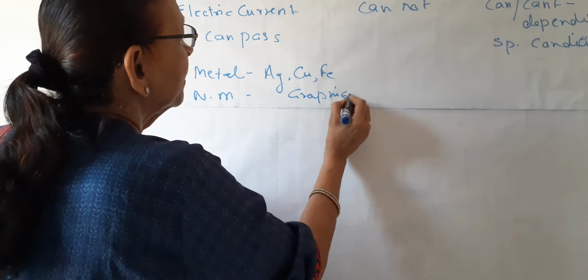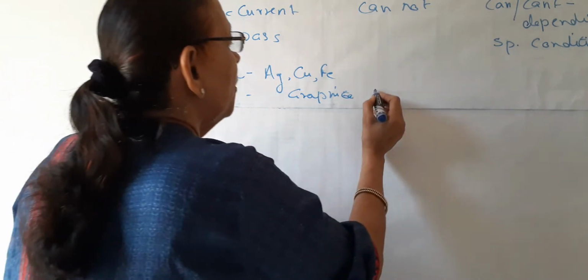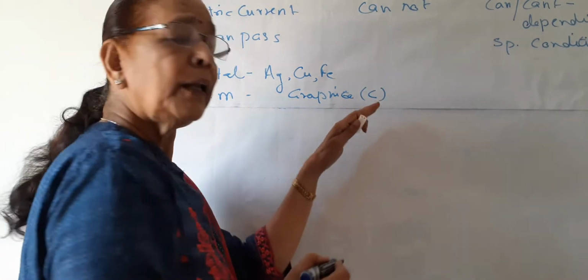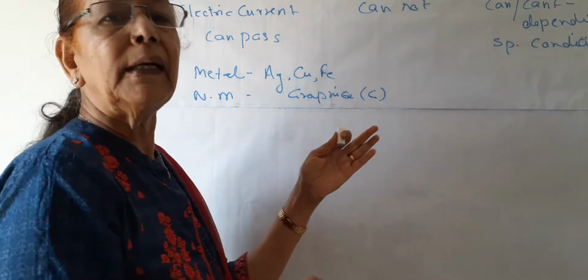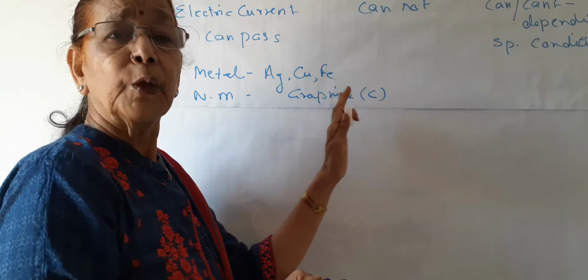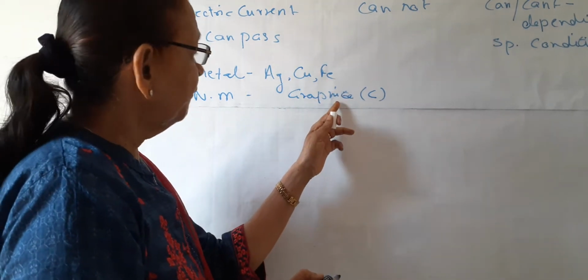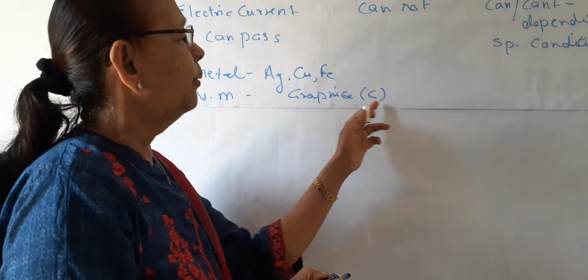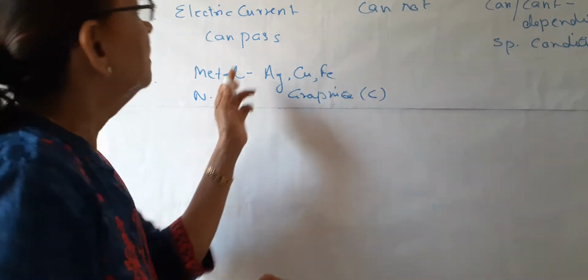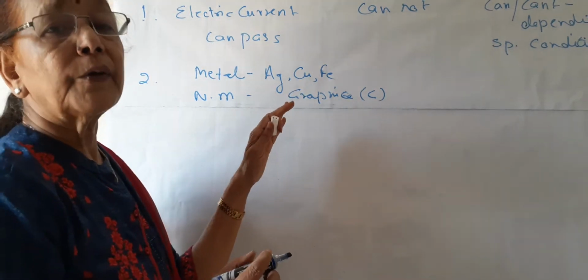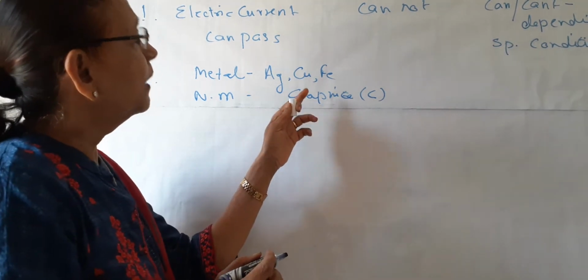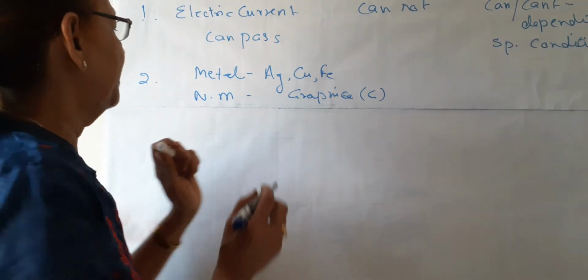Graphite is an allotrope of carbon. Other allotropes like diamond and ebonite are non-conductors, but graphite, which is an allotrope of carbon, is a conductor of electricity. So in electrolytic cells, the electrodes are made up of graphite.